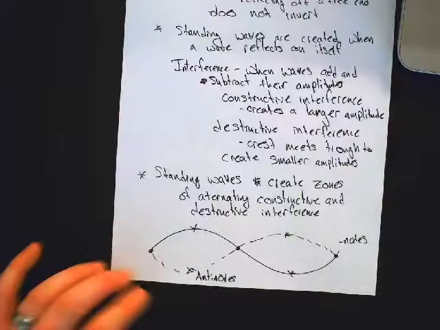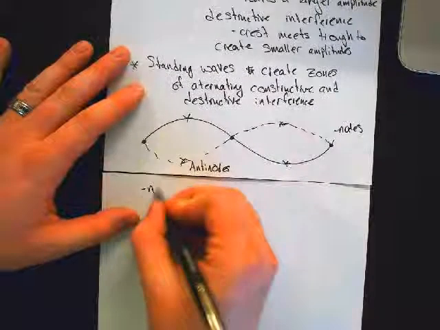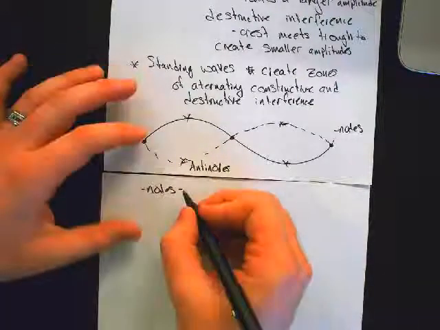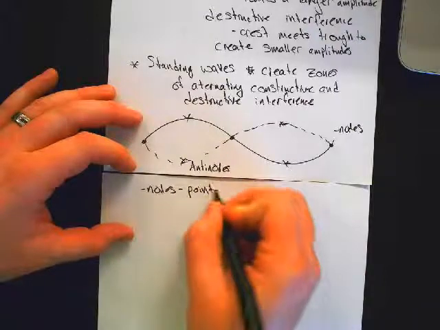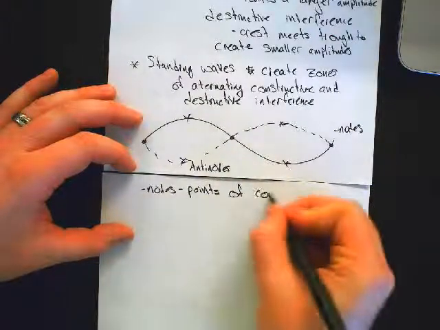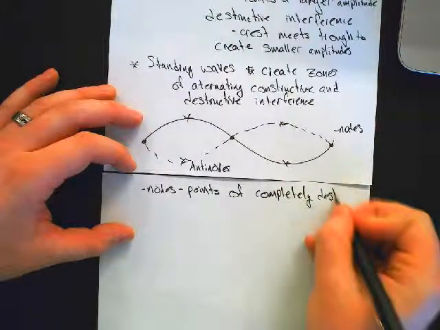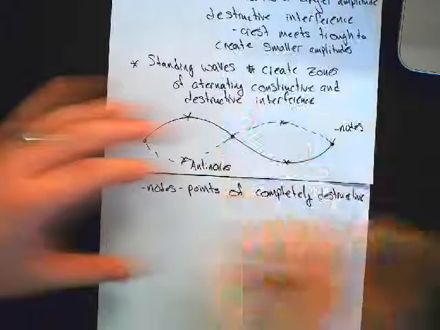The dotted line is just where the wave is at a different point in time. So nodes are spots of completely destructive interference. They always have an amplitude of 0.